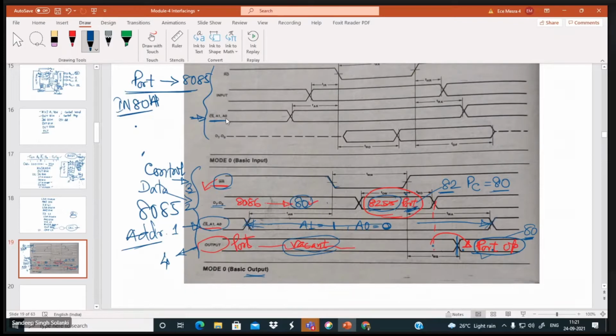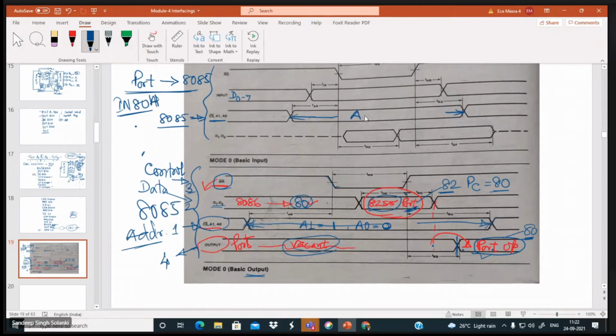So here this will go first, and then this is your data line of the processor and the read. This will be going out of your processor. So I will mention here that it is sent out by your processor, and it is recognized by your 8255 during this time.